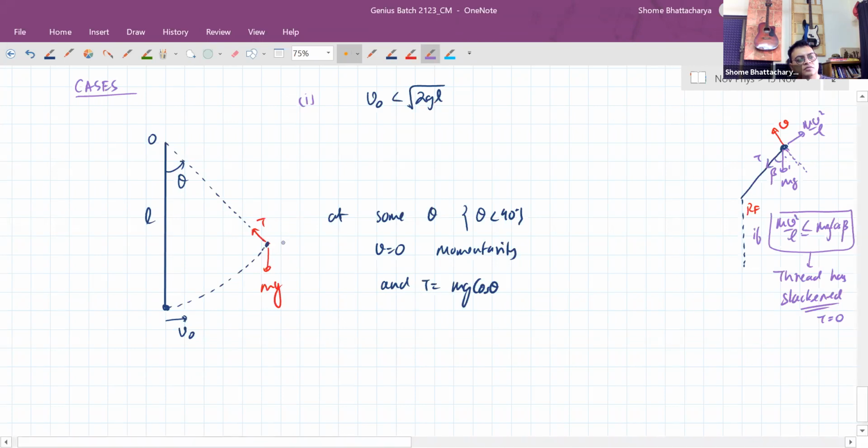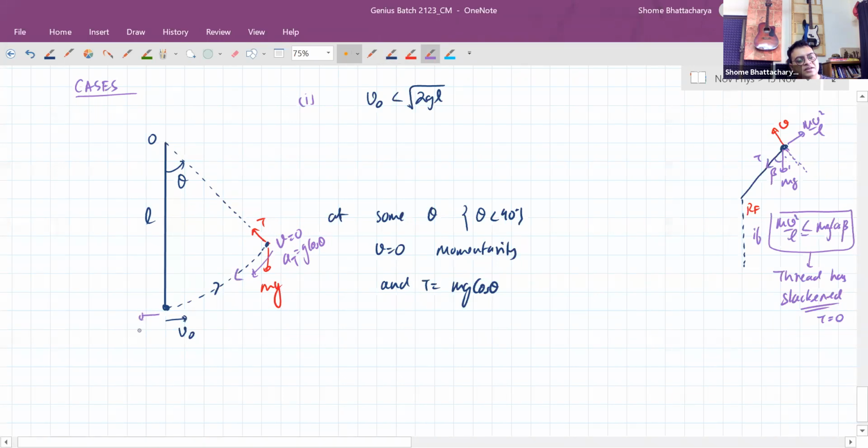So it will have V equal to 0 at this point, but tangential acceleration in this direction of g cos theta, and then it will go back here. So it would have come like this, and then it will return back like this.